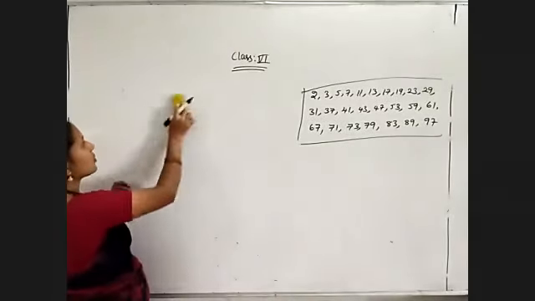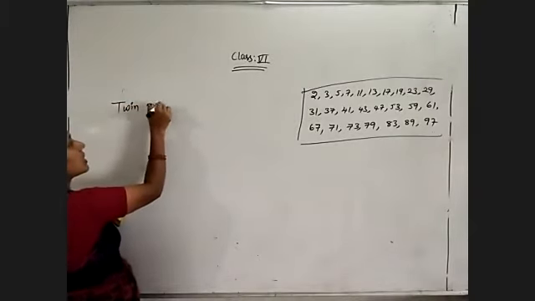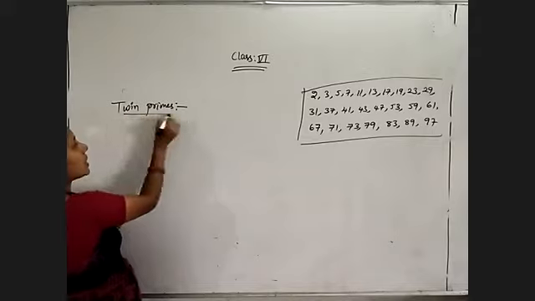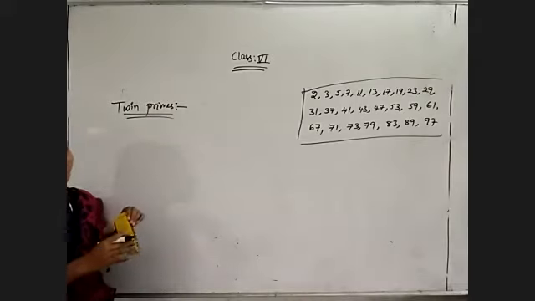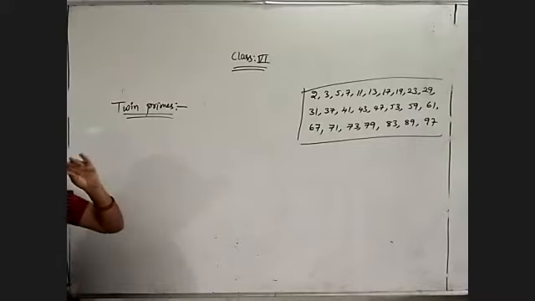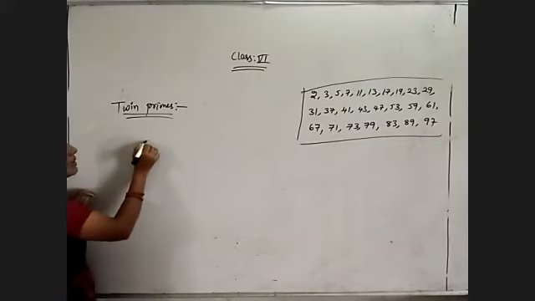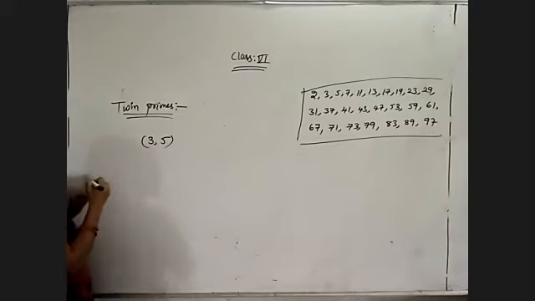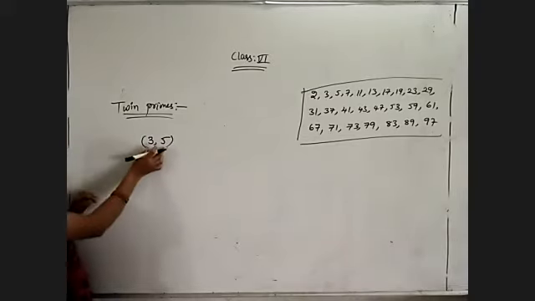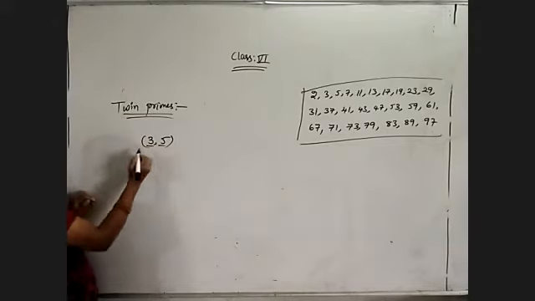But coming to twin primes, whatever numbers you take, you have to take prime numbers only. First of all, I am giving an example. I am taking 3 and 5. Why have I selected this pair as twin primes? Observe the difference between them.